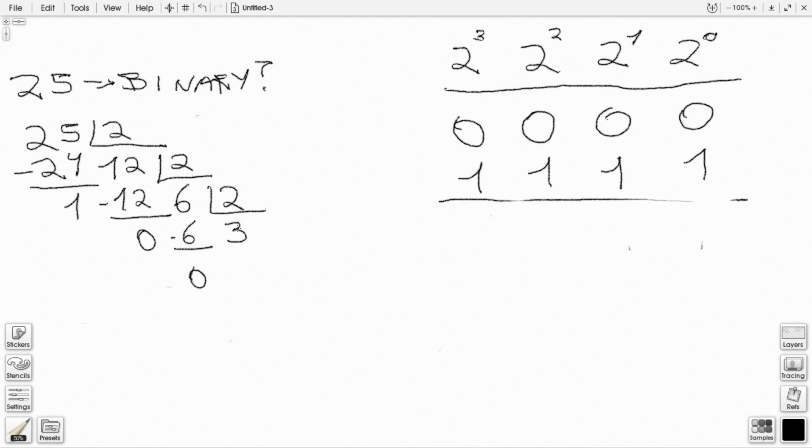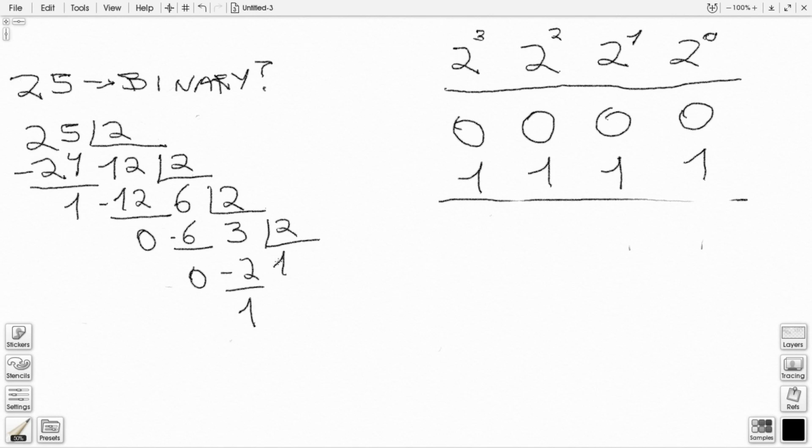So our result isn't 1 or 0 yet. Our result is still a number greater than 2, so we need to divide a little more. 3 divided by 2 is 1. 3 minus 2 is 1.